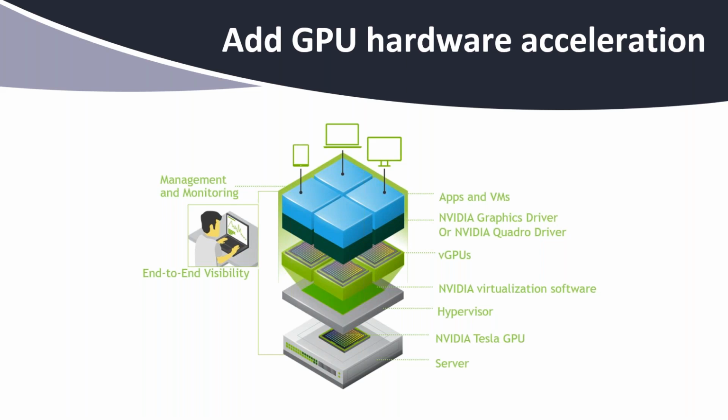And inside of your VM, you would install an NVIDIA graphics card driver, which is almost like a normal NVIDIA driver, but qualified for the vGPU. And your apps will just see an NVIDIA graphics card. They also have a Quadro driver for CAD applications, so it's certified for the different CAD applications.